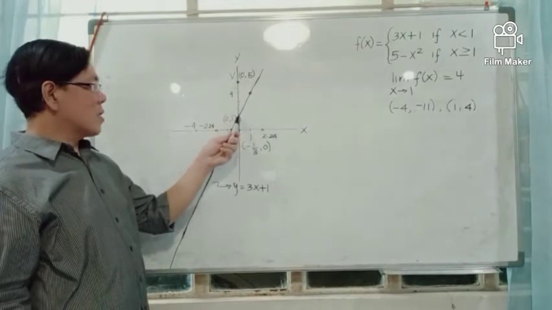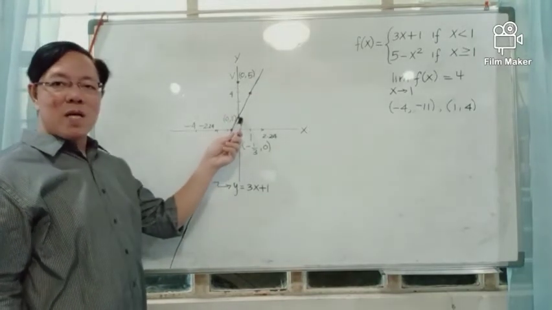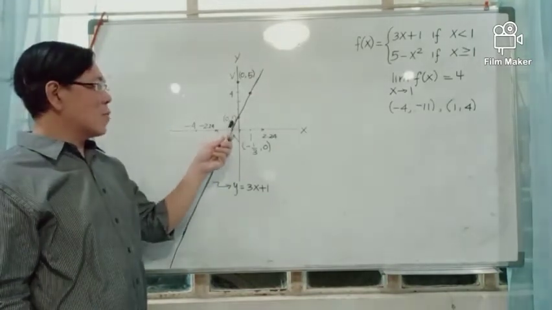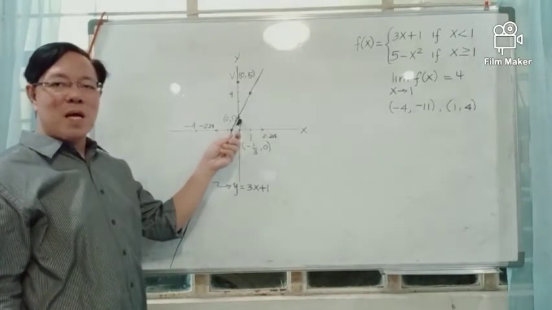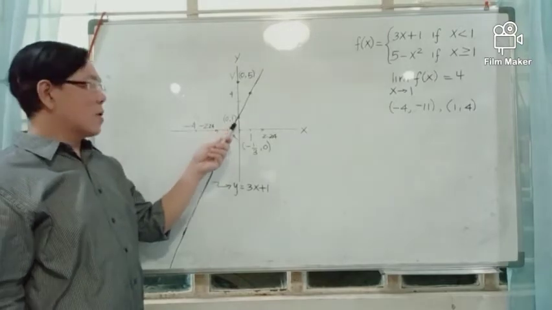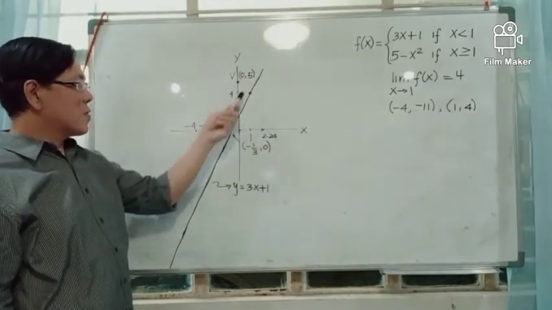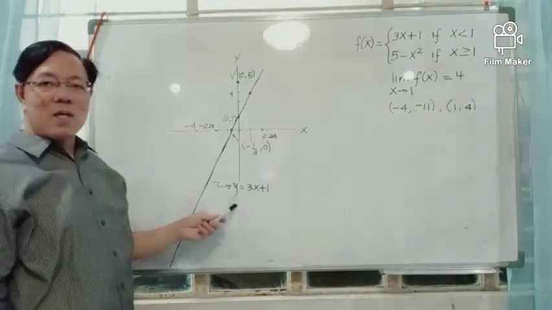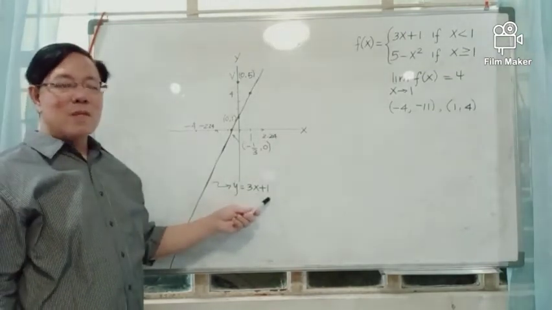And this point on the y-axis with coordinates 0 and 1 is the y-intercept of the line. We draw the line passing through these intercepts, and we obtain this line with equation y equals 3x plus 1.